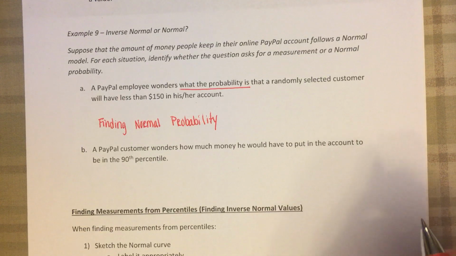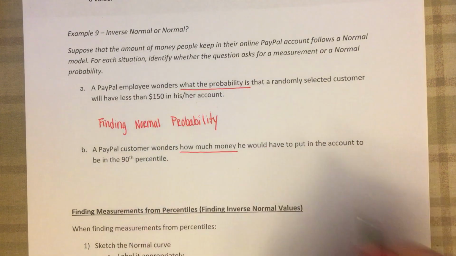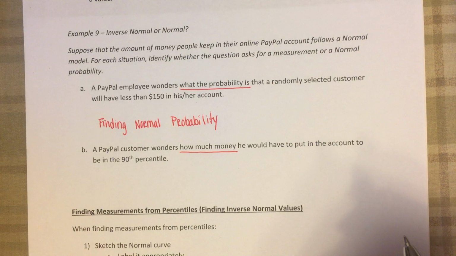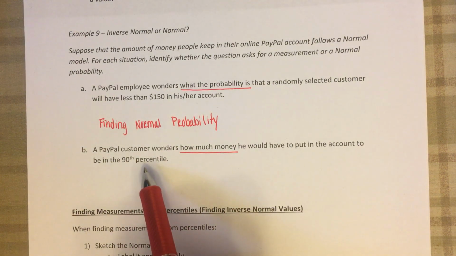Now for B, a PayPal customer wonders how much money he would have to put in the account to be in the 90th percentile. So now we are looking for a value. We are looking for how much money. We are actually given a probability or a percent. So we're given a percent, in this case 90%.